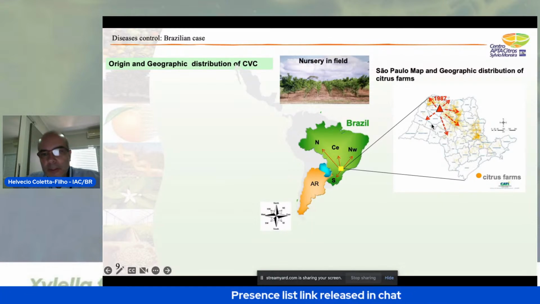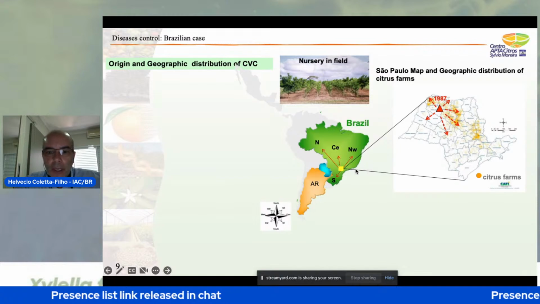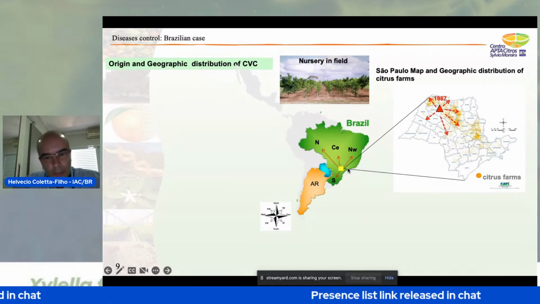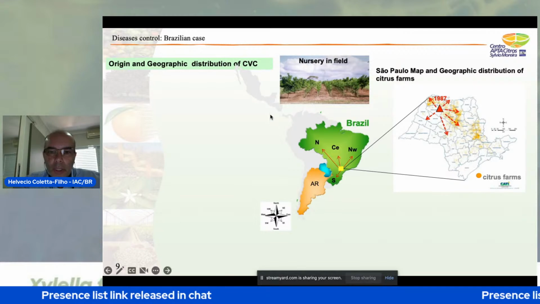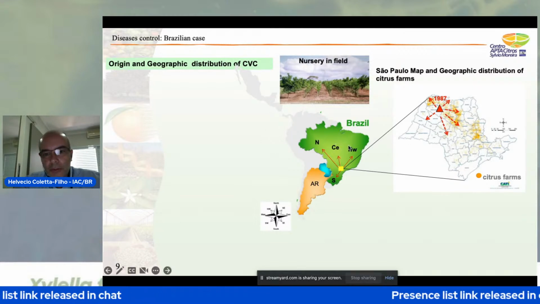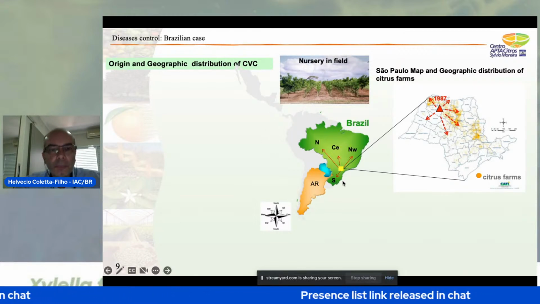It also spread from São Paulo, in the southeast region of Brazil, to other regions: north, center, northwest, and south Brazil.